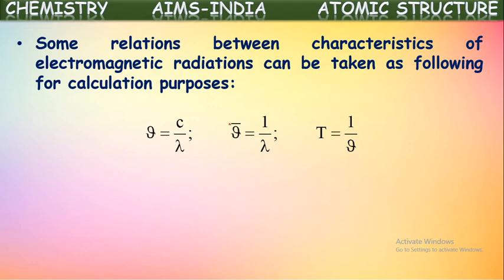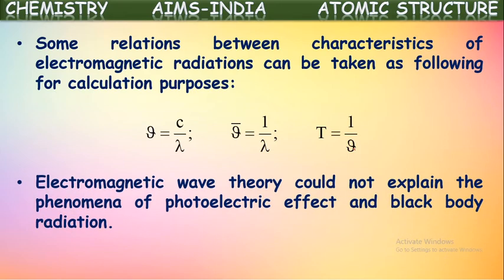So wave number is the reciprocal of wavelength. And the time period T is equal to 1 by nu, inversely proportional to frequency. Reciprocal of frequency is time period. These are the relations we generally use for calculation purposes.